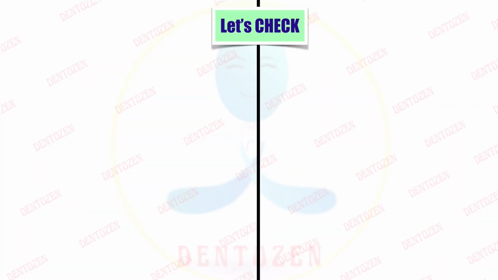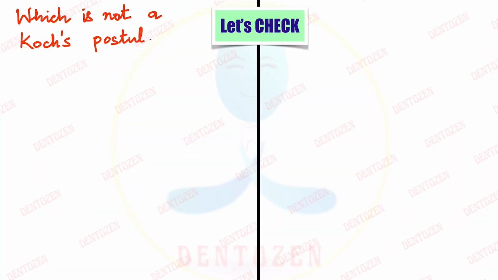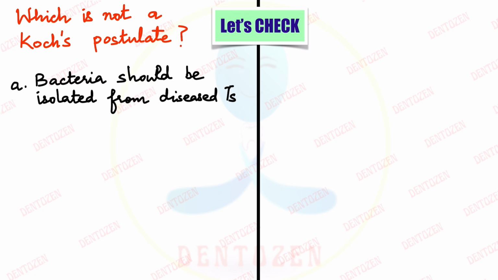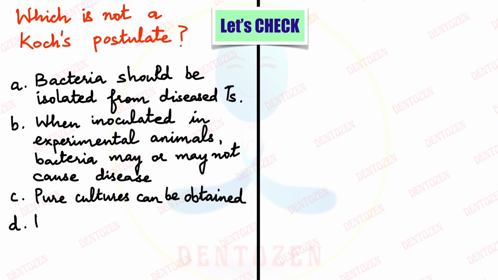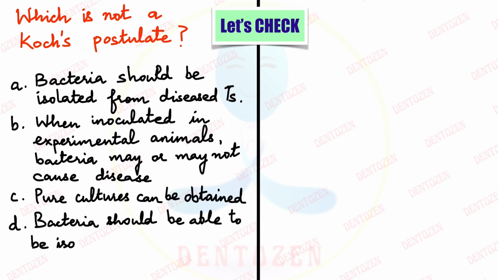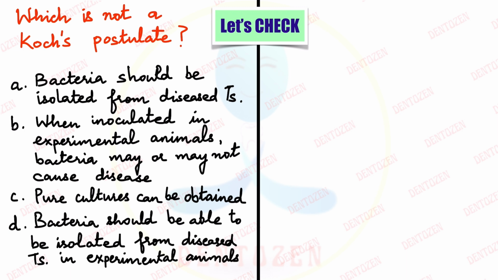Now let's check what you have learned. Which out of these is not a Koch postulate? We already know the Koch postulates. First says that bacteria should be isolated from the diseased tissue. Yes, it should be. Second is when inoculated in the lab animals, bacteria may or may not produce disease. How is that possible? It should always be able to produce disease. Third is pure cultures can be obtained, and fourth is bacteria should be able to be isolated from diseased tissue in experimental animals.